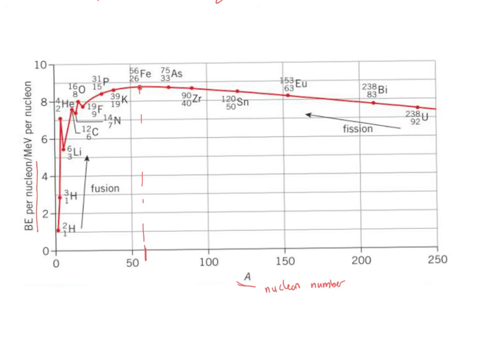Like I mentioned already, iron-56 has the greatest binding energy per nucleon, which means it's the most stable isotope in nature. But you can also notice a few other little peaks before iron. You can see that helium has a higher binding energy per nucleon compared to lithium. So that makes helium more stable than its neighbors, the ones before and after it.